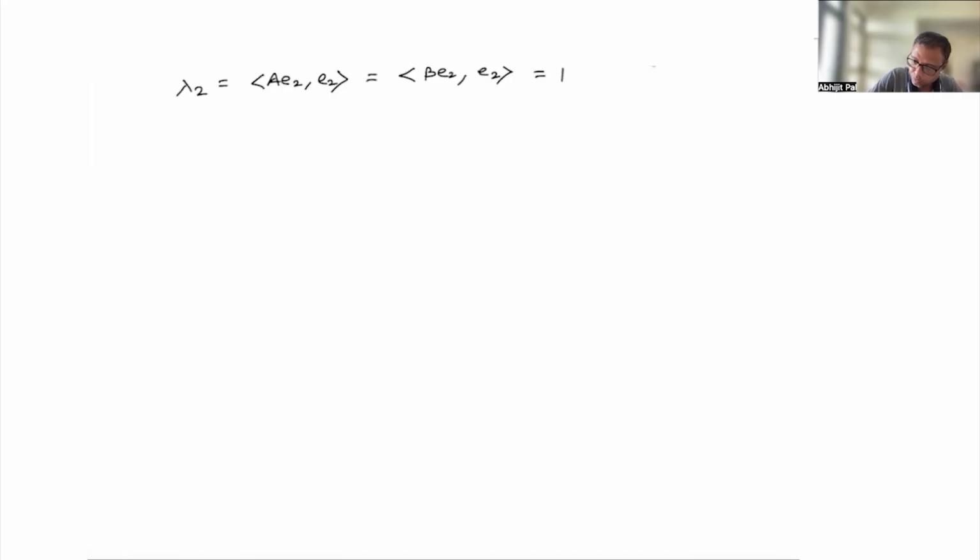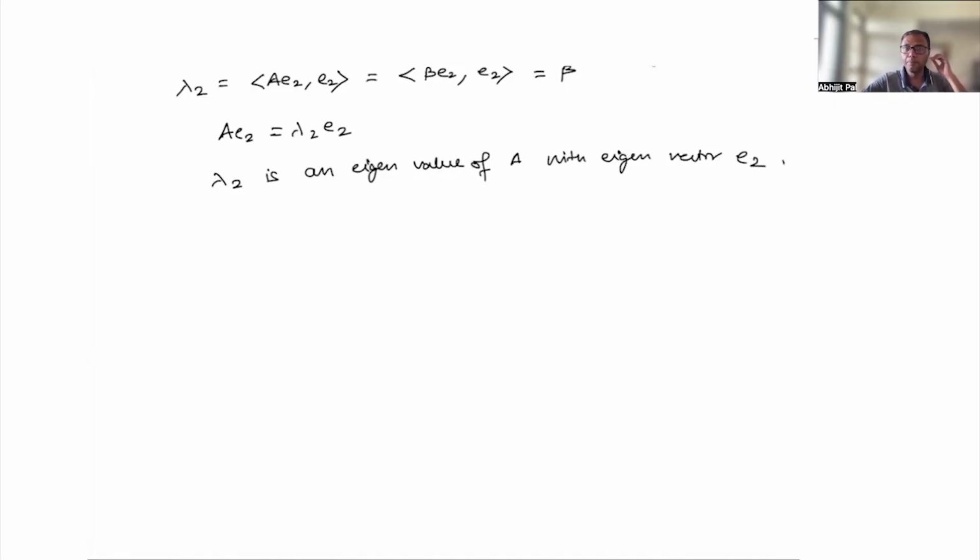So this will be equal to beta. Therefore, AE2 is equal to lambda 2 E2. So again, this lambda 2 is an eigenvalue of A with eigenvector E2. I'll stop here.